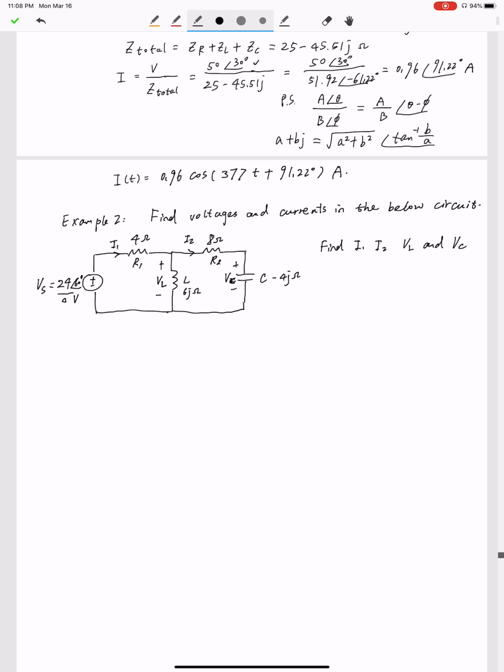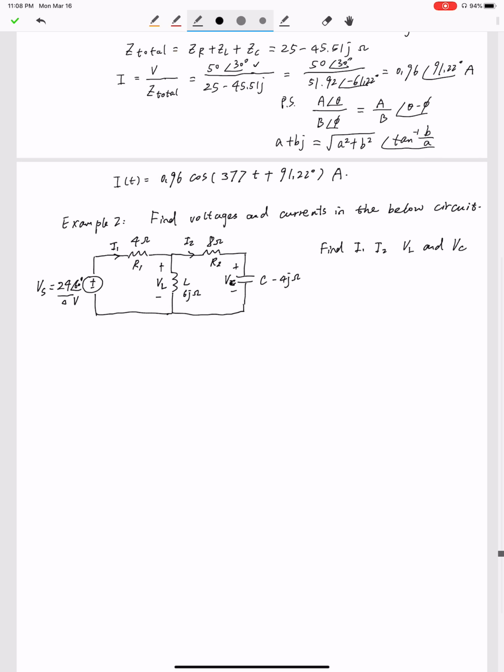We can treat all components as resistors, but the special point is that those resistors have complex values. That's the only difference from DC circuit analysis. There are several ways to solve this problem. The simplest way maybe is to use nodal analysis.